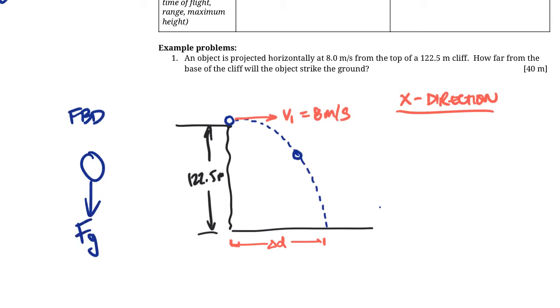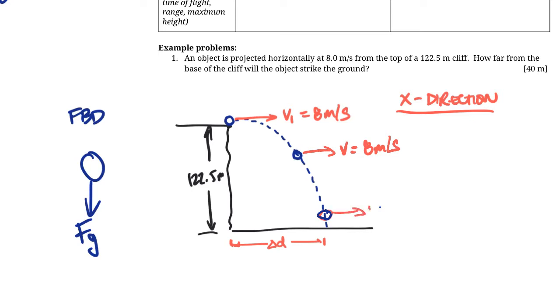It does have horizontal speed, but there's nothing pulling it in that horizontal direction or accelerating it in that horizontal direction. So in the horizontal direction, that 8 meters per second shouldn't change. So at this point here, the ball is still experiencing a speed of 8 meters per second, right? Even when it's down here. Let's be consistent about the color of the ball.